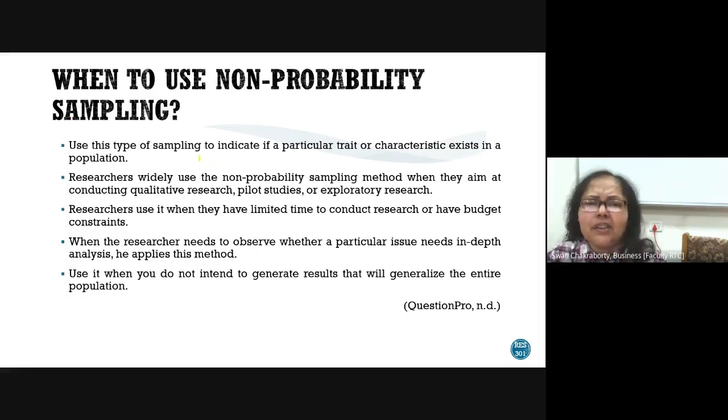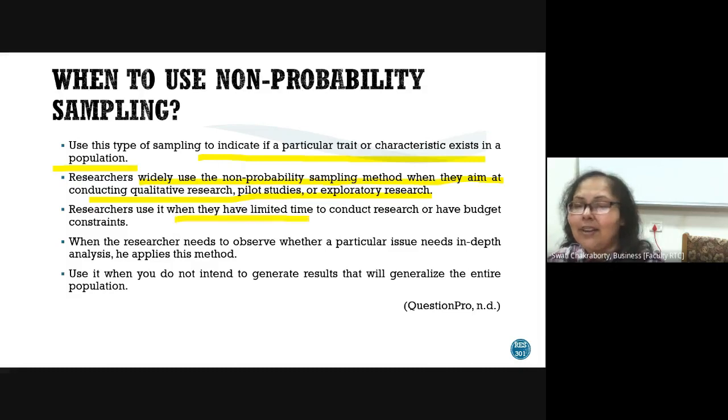It's using the sampling to indicate if a particular trait or characteristic exists in a population or not. Researchers can widely use this when they aim at conducting qualitative research, pilot studies, or exploratory research. They can use it when they have limited time to conduct research or when they have budget constraints.